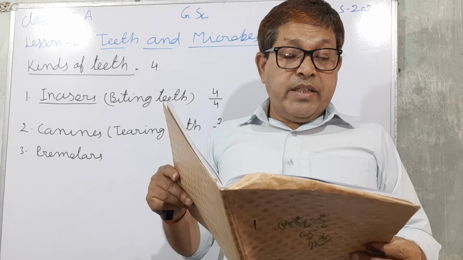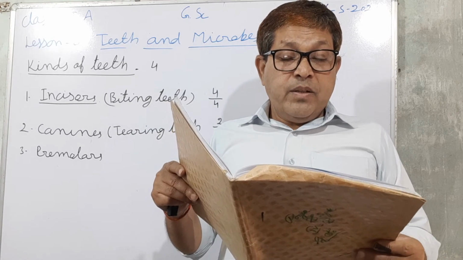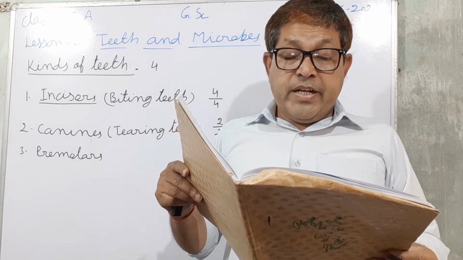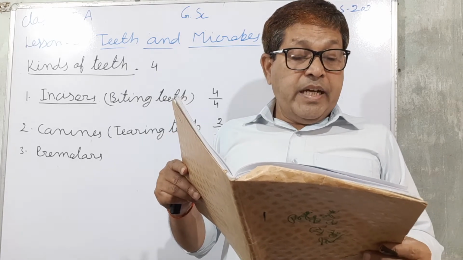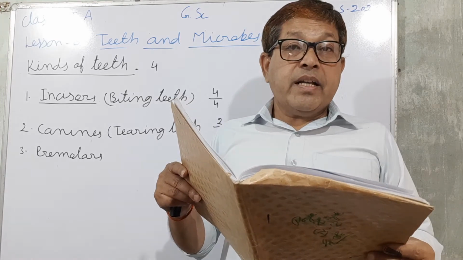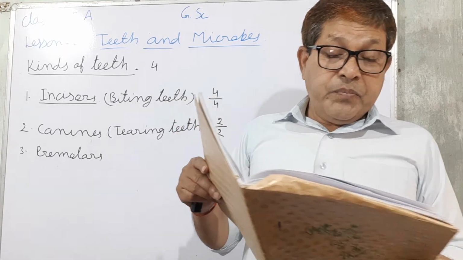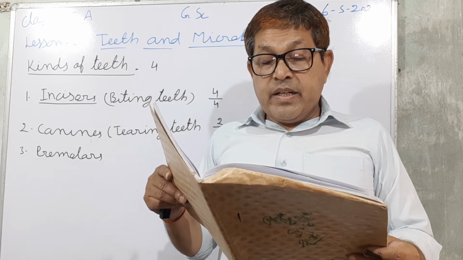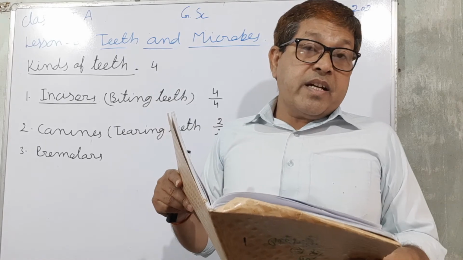They are 8 in all, 4 on top and 4 at the bottom. They are flat and broad teeth, which makes them perfect for crushing and grinding the food.